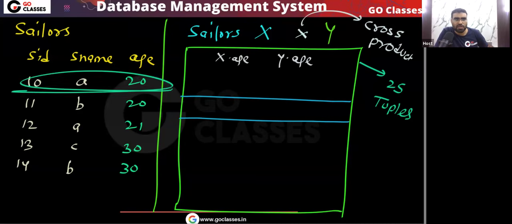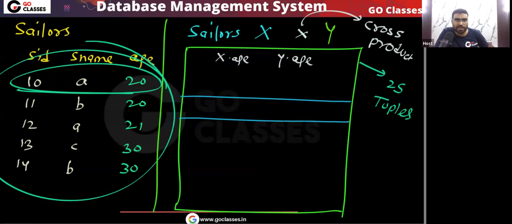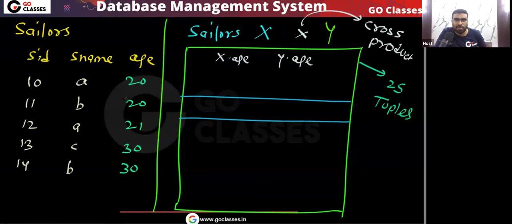So because of this, tell me, for this seller, will we get this type of tuple where x dot age is greater than y dot age? See, this tuple will combine with every tuple, right? But for this seller, you can never get x age greater than y age.